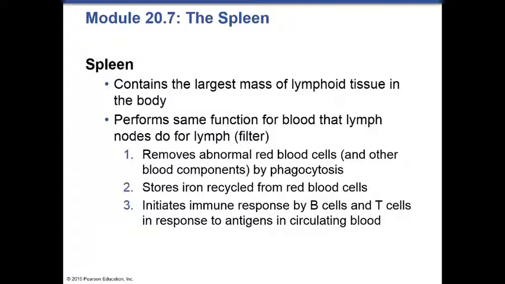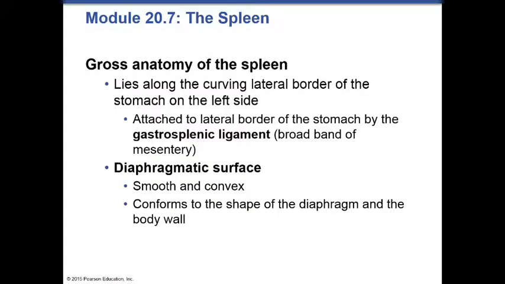If you have an infection and your lymph nodes are swelling up, then you know that your immune system is actively fighting off some infection that was discovered, or activated the T and B cells within the lymph nodes. Likewise, if there's a blood-borne infection, the spleen can become very enlarged in response to the immune system ramping up its response against that foreign antigen.